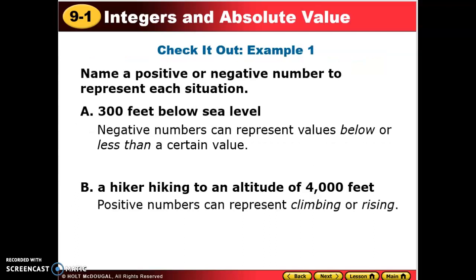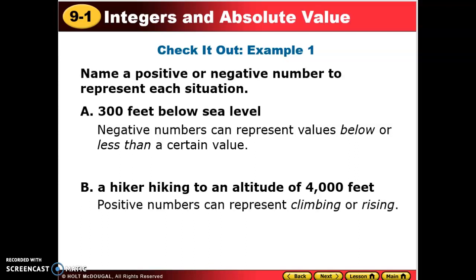Now, here are some more examples of positive and negative numbers in real life situations. Example A: 300 feet below sea level. If something is below or less than a certain value, that again is going to be represented by the negative sign.